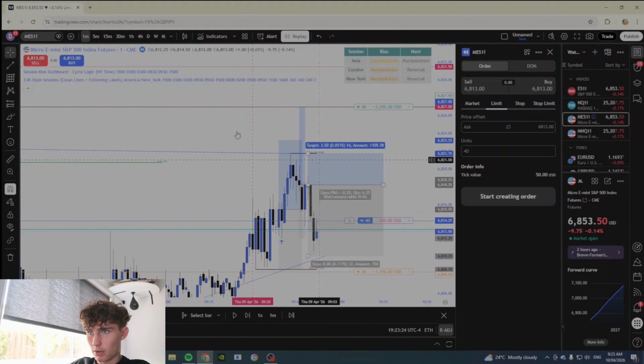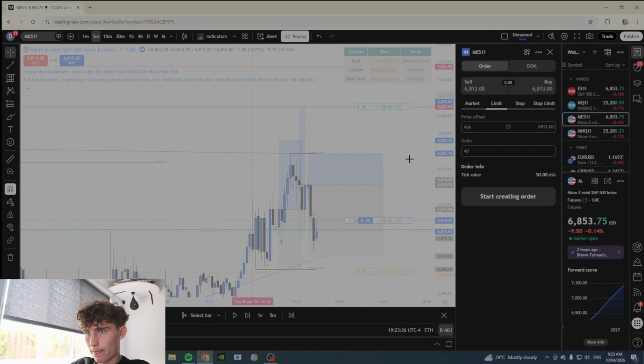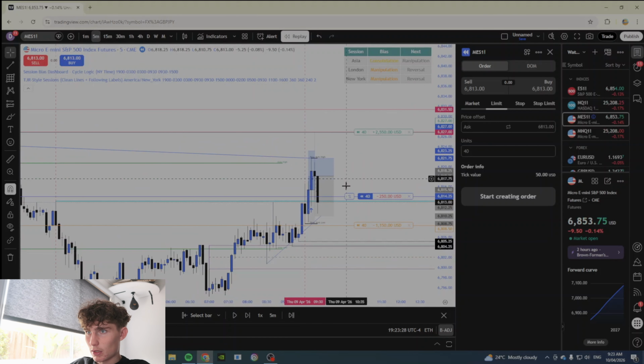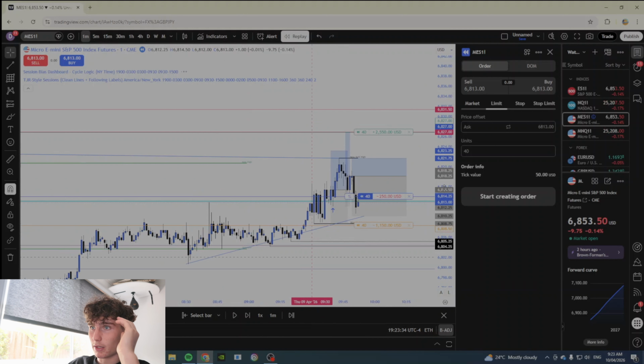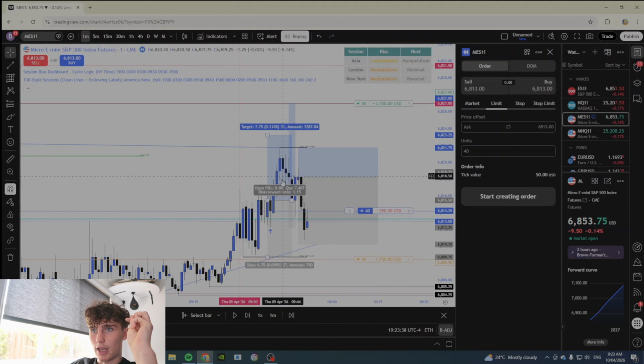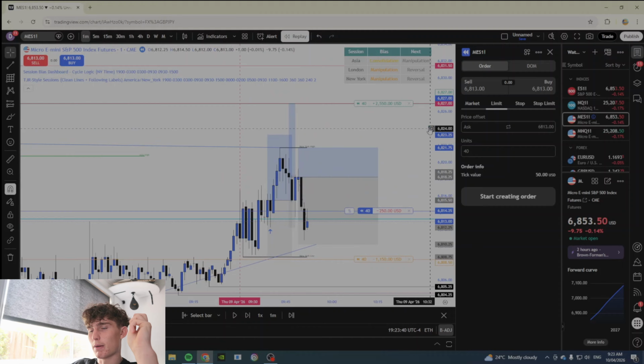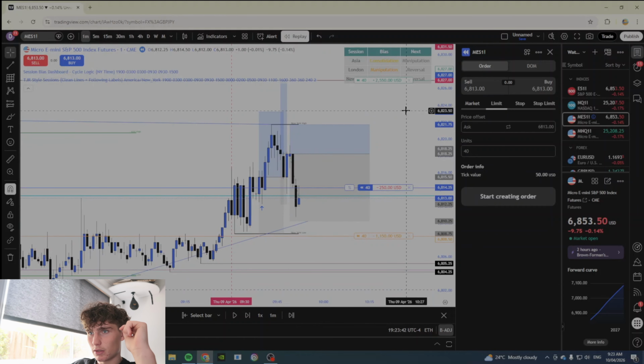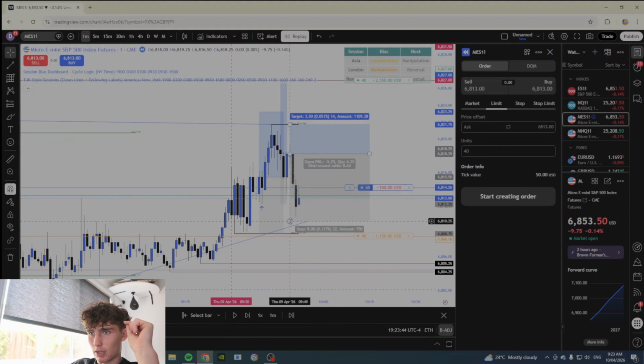And then what do we do? Yeah, that's right, we entered here, off that, which is probably a really bad entry. We entered right there because I thought it came down, filled equilibrium, we're just going to pump up, take out that high. So I entered there, I believe our stop was down here.